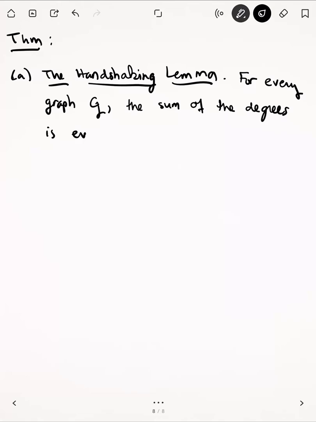Sum of the degrees of the vertices. That's not quite the statement. The sum of the degrees of the vertices is twice the number of edges.